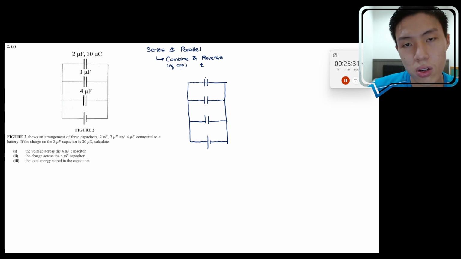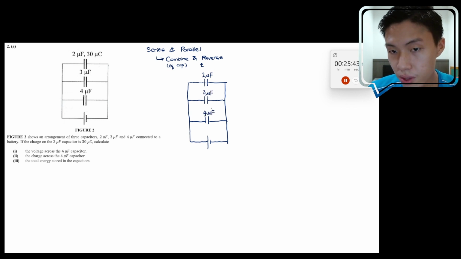So I can call it 2, 3, 4: 2 microfarad, 3 microfarad, 4 microfarad. Then this is the battery.